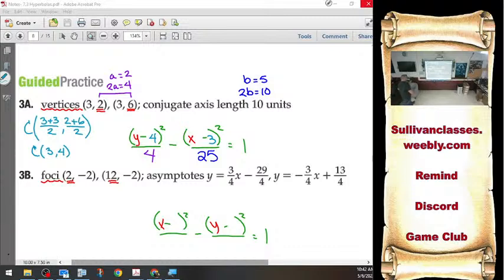Now, this one, on the other hand, things get a little goofy. First, my center, my midpoint is going to be 2 plus 12 is 14, divided by 2 is 7. Negative 2 plus negative 2 is negative 4, divided by 2 is negative 2. So I have my center.